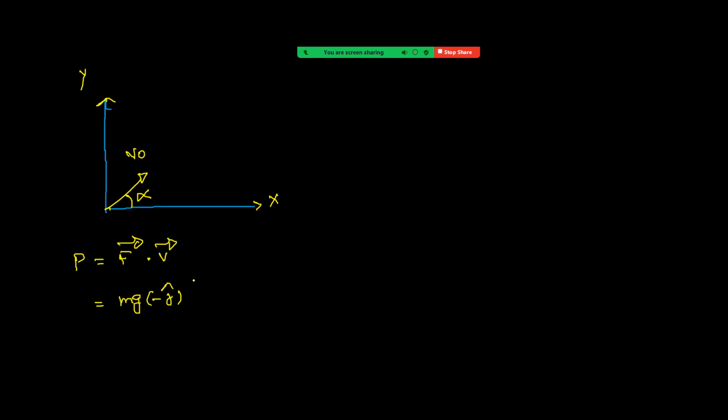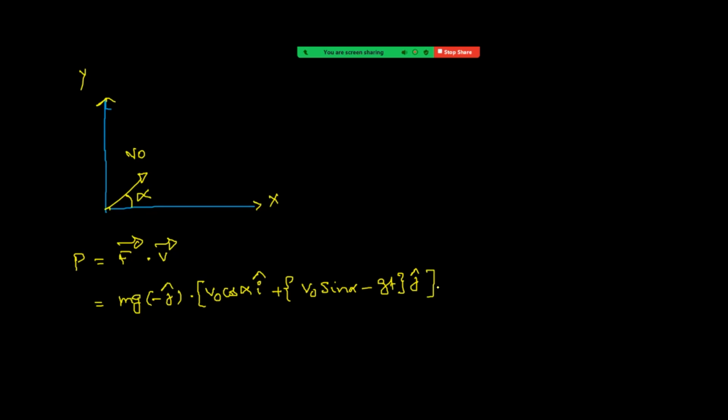V bar will be v naught cos alpha, which is a constant, i cap, plus v naught sine alpha minus gt, j cap.